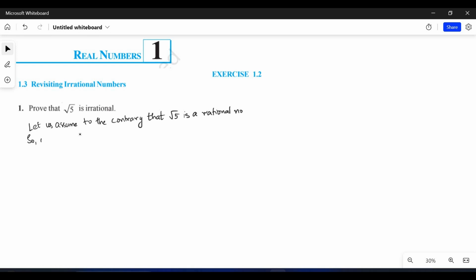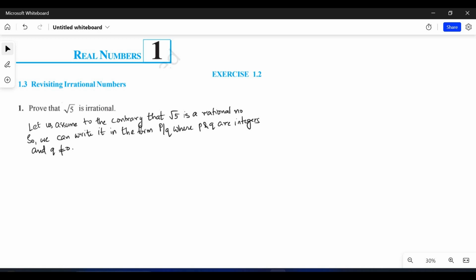So we can write it in the form P by Q, where P and Q are integers and Q not equal to 0.